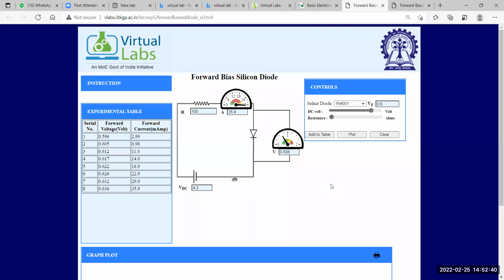And you have to know that in a silicon diode, the cutting voltage, you have to know.